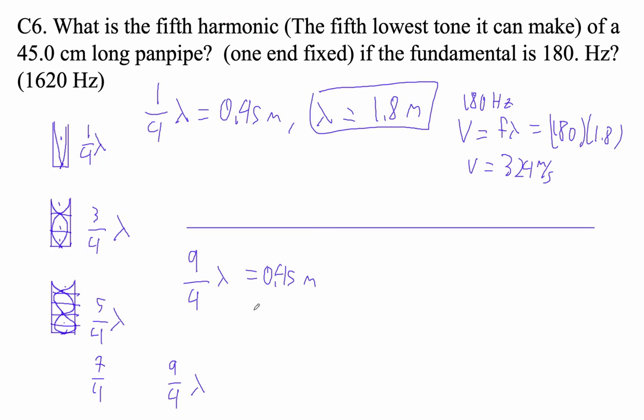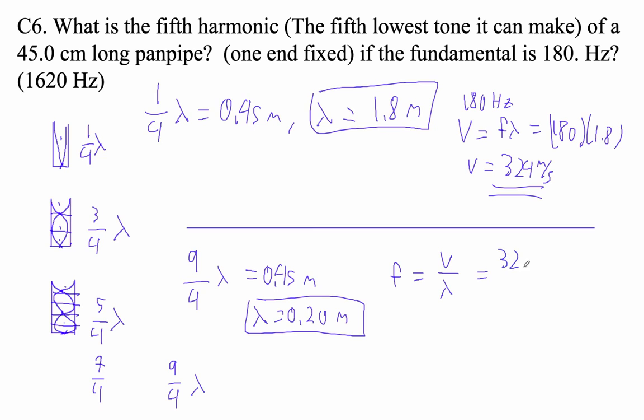That's 0.20 meters, right? So now I can find the frequency. The frequency is going to be the velocity, which we figured out right there, divided by the wavelength. So it's going to be 324 divided by 0.2. And I get, of course, 1620 hertz.